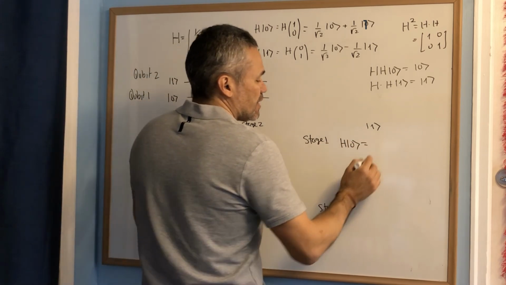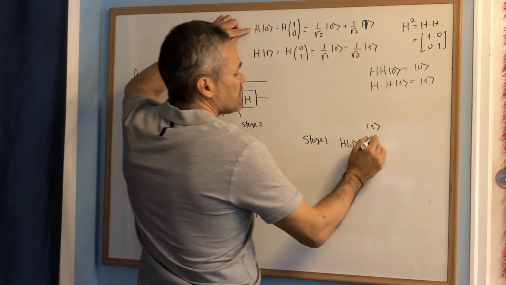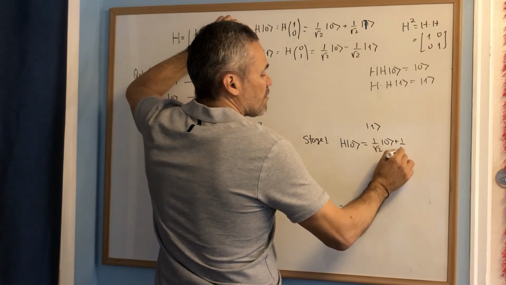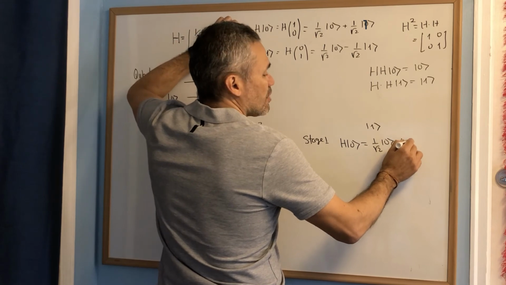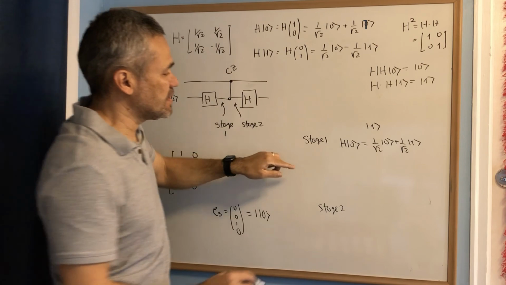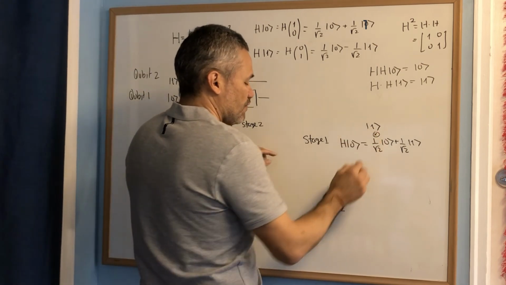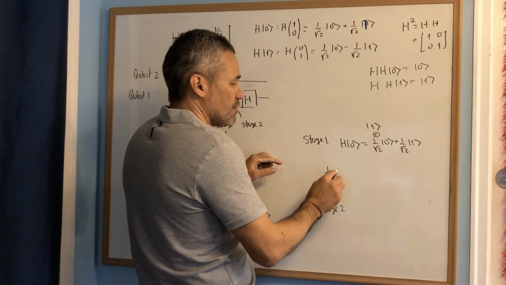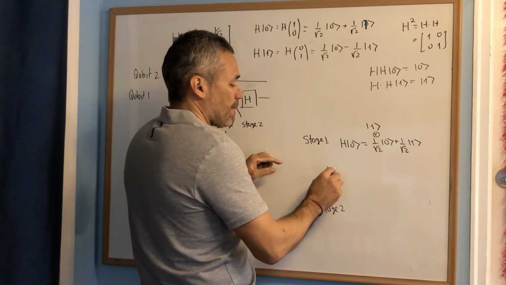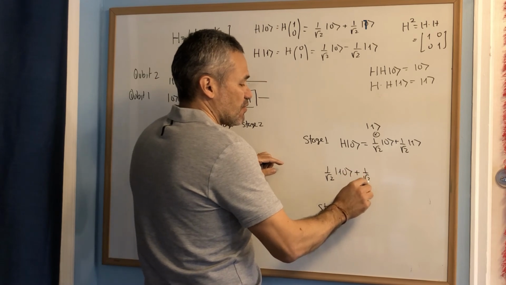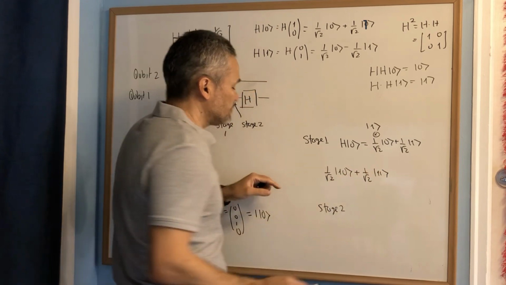But h of 0 is 1 over the square root of 2, 0 plus 1 over the square root of 2, 1. And what is this? This is the tensor product. To find the 2 qubit, we have 1 over the square root of 2, 1, 0 plus 1 over the square root of 2, 1, 1.